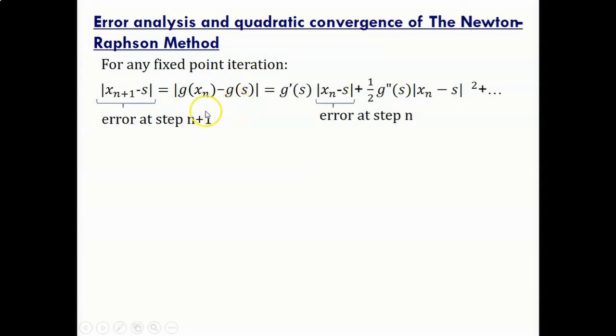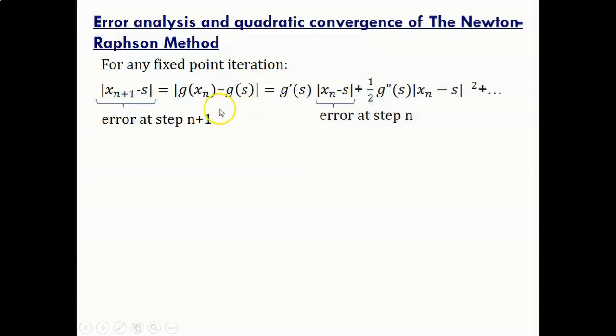Now if I express g of x around the point s, taking the Taylor development of g of x, g of x is equal to g of s plus g prime of s times x minus s plus 1/2 g second of s times x minus s squared, etc.